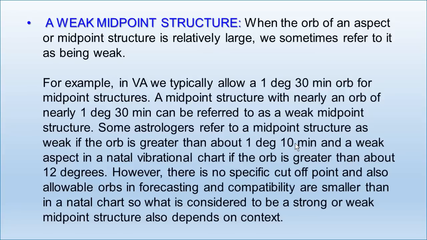These are terms that are not technically defined at some cutoff point, but they are still helpful, and there is a general overall consensus, and it gives you an idea. But certainly, if someone says, oh, he has a tight midpoint structure, and you look at the chart and you see that the orb is 1 degree 5 minutes, that is not tight.